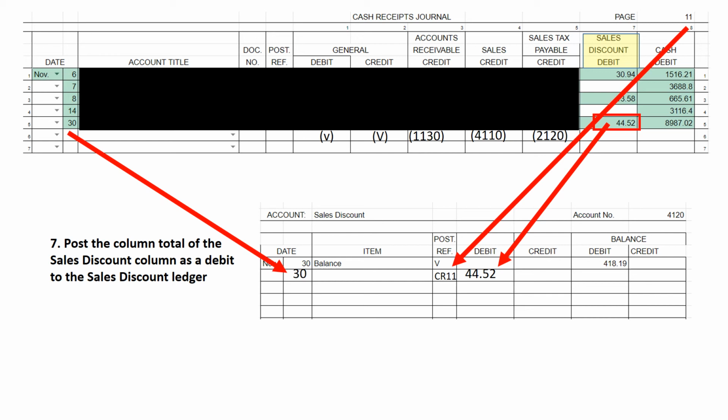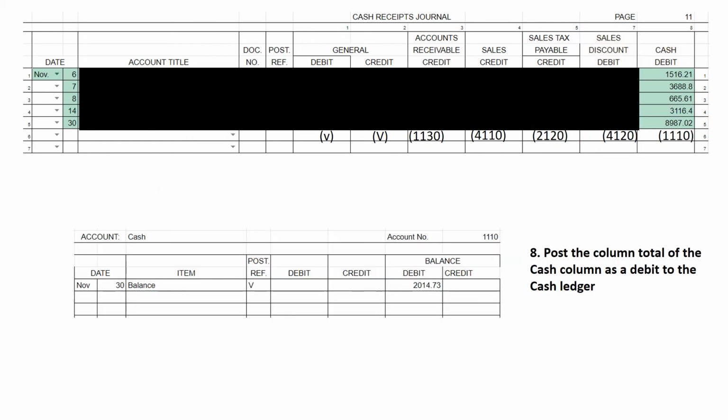I have a debit balance of 418.19 and I have a debit entry. They are the same. Since they're the same, I'm going to find the sum, add them up and put them there. My last step then is to put my bookmark back underneath the sales discount debit column in parentheses at 4120.